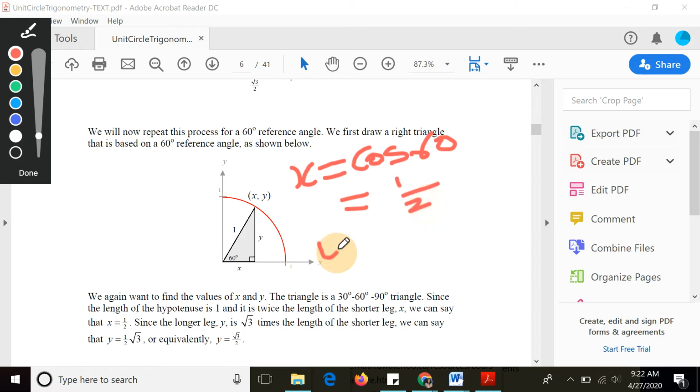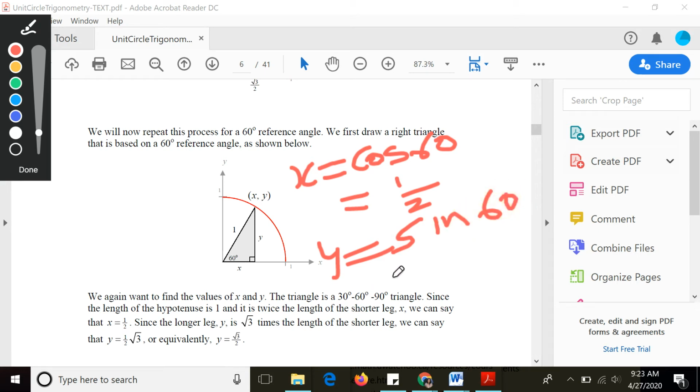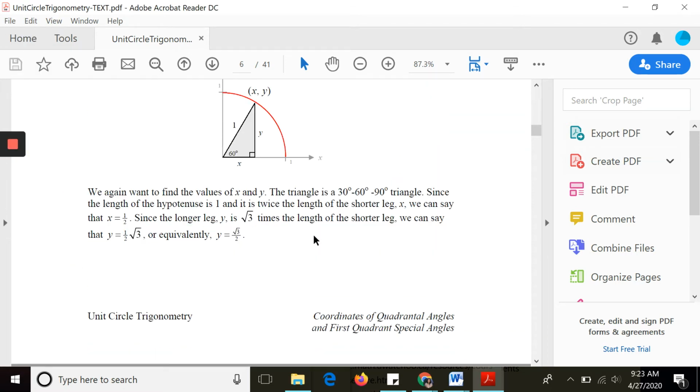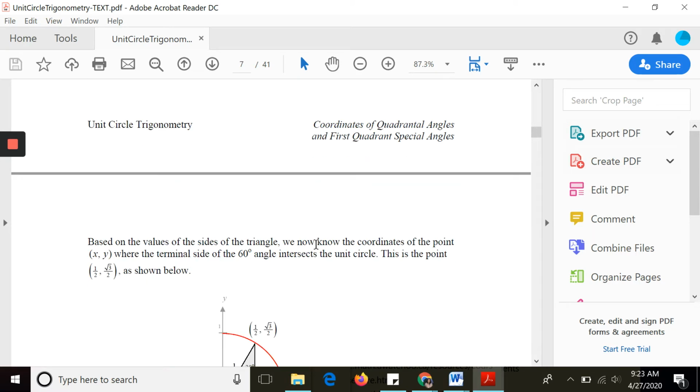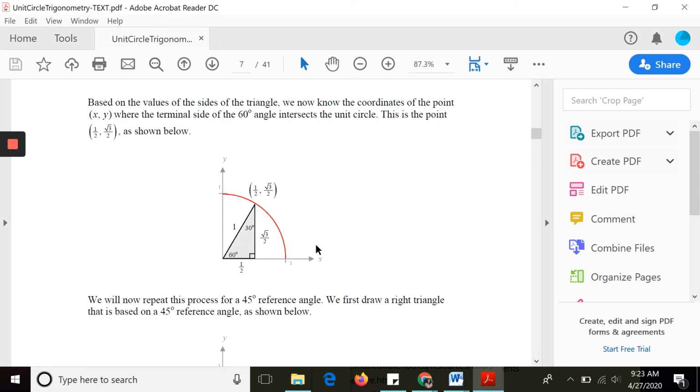And then y in this case is sine 60. Again, the angle has to be with the x-axis. So this is equal to square root of 3 over 2. I already explained the reasoning, it's a similar thing. So we found the values corresponding to 60 degrees also.